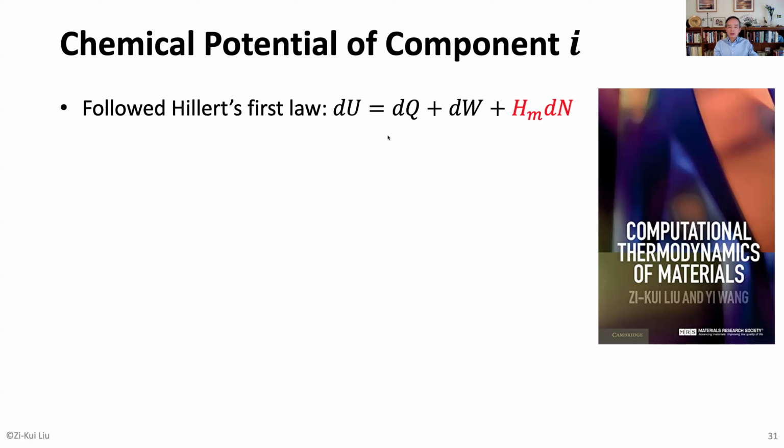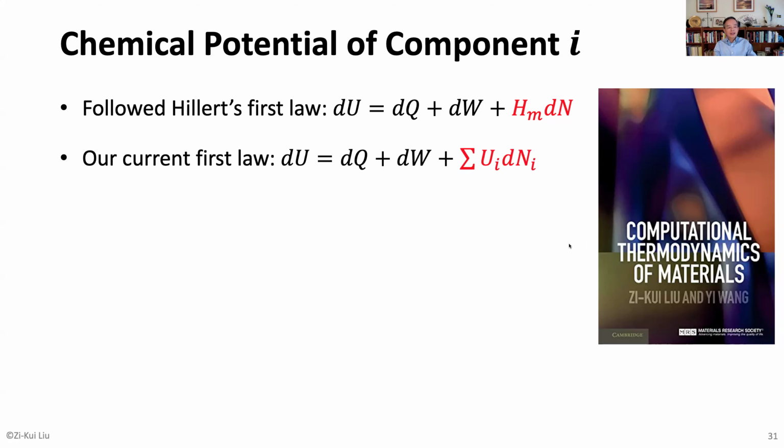In Max Hillert's book, he wrote the combined law with dU equal to dQ plus dW plus the summation of H_i dN_i. I followed his equations in the book we published in 2016. However, as you have seen in Lecture 1, I wrote the first law differently.